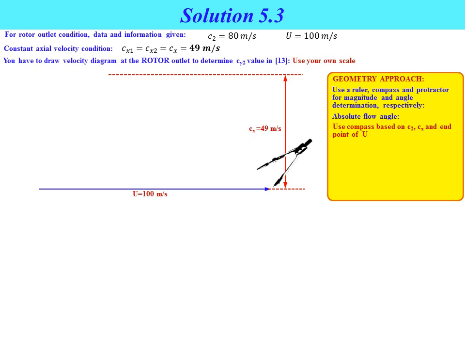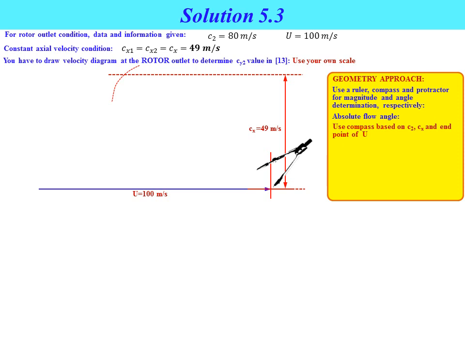First, set the compass so that the distance between the two points of the compass represents the value of C2, which is equal to 80 meters per second. Then, based on the endpoint of the U vector, rotate the compass so that it constructs a circle.